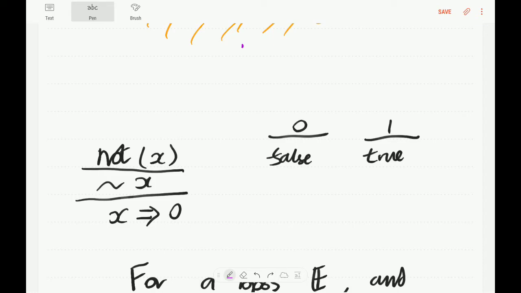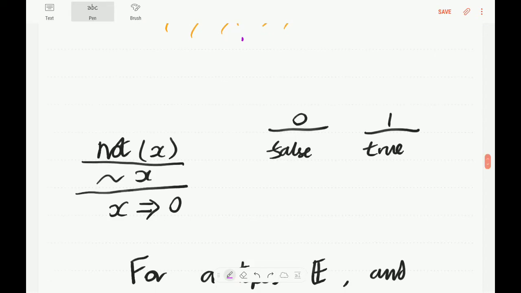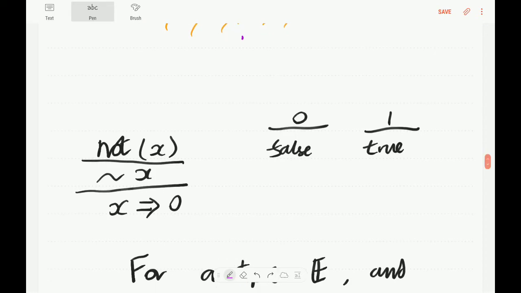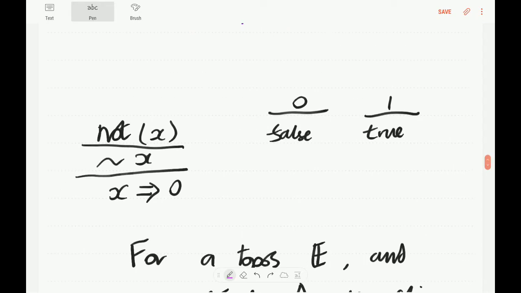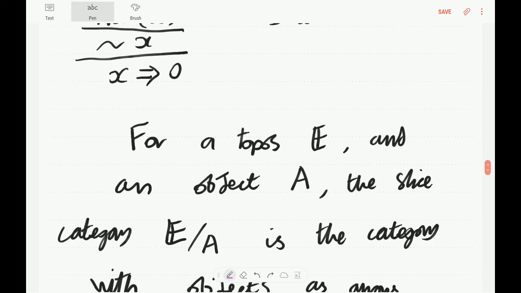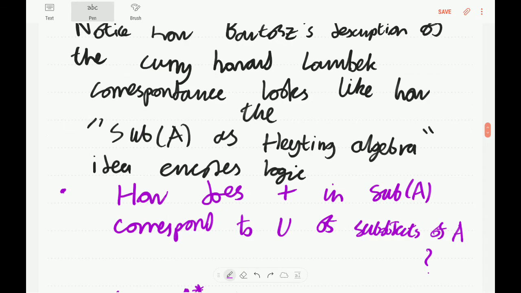Product corresponds with intersection, and all these different things. We see this connection happen closely with the Heyting algebras.